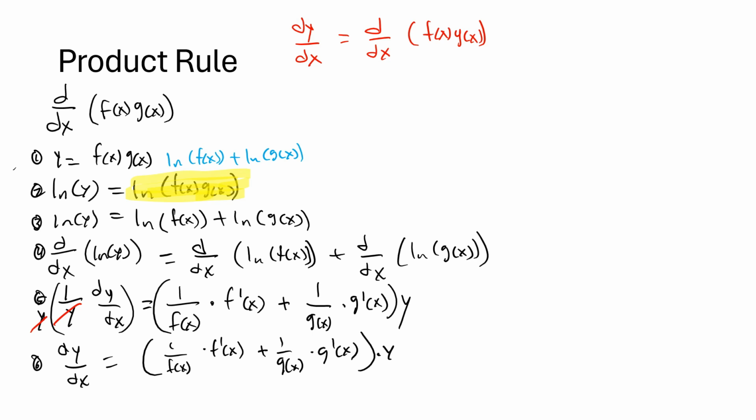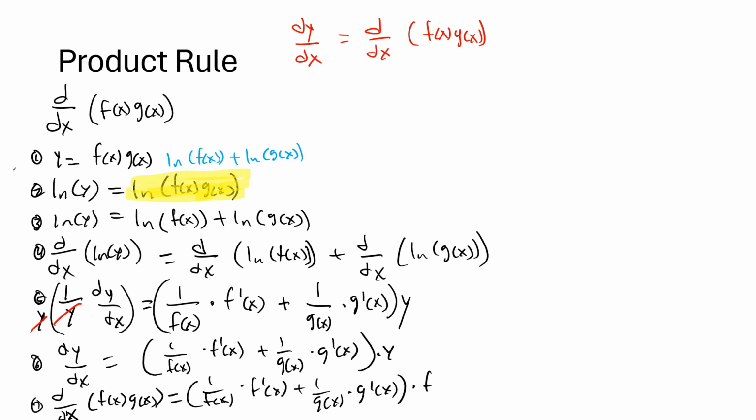And now what we're going to do is substitute y for f of x g of x. So here we'll get, for the seventh step, d dx of f of x g of x, which is what we're trying to find, equals 1 over f of x times f prime of x plus 1 over g of x times g prime of x, times f of x g of x.